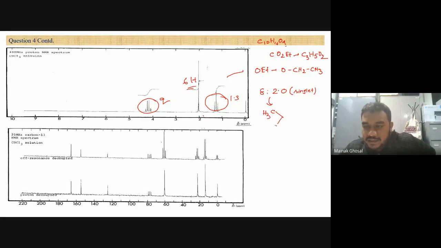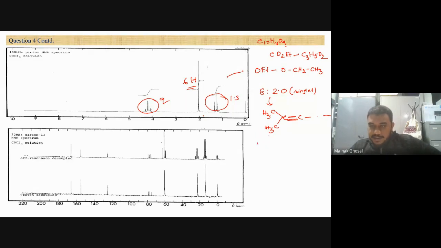But if it is attached to a normal saturated carbon, it would not come at 2. So it is highly possible that this is attached to a C double bond C kind of group.